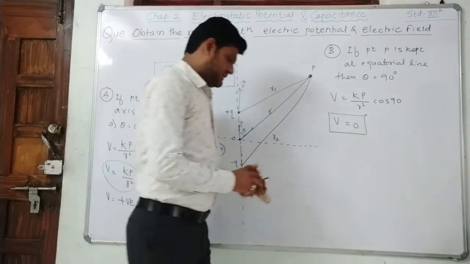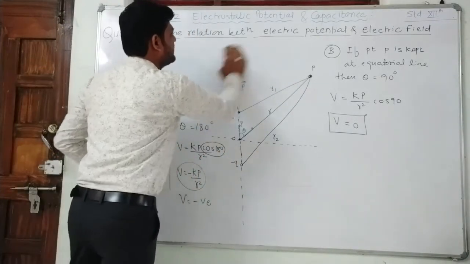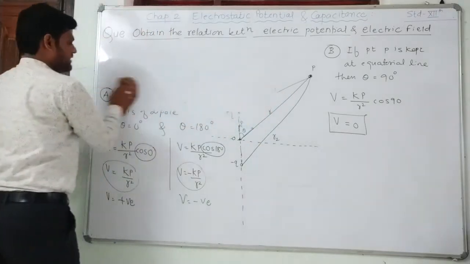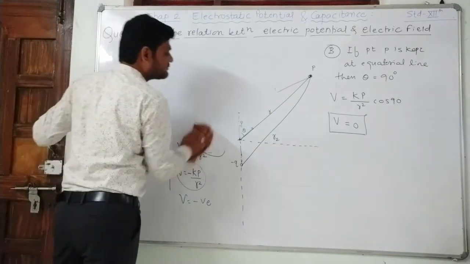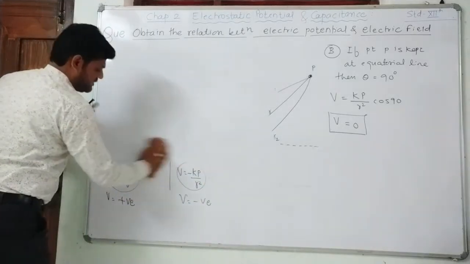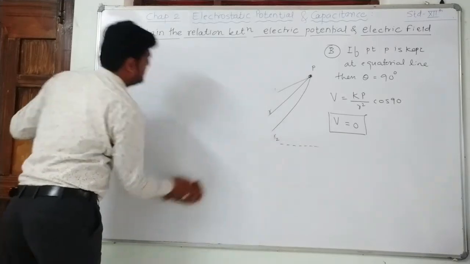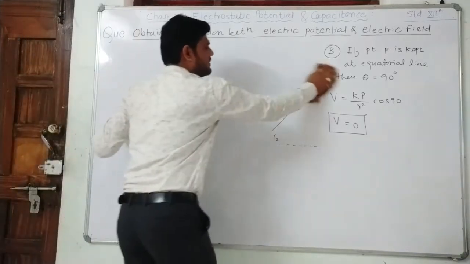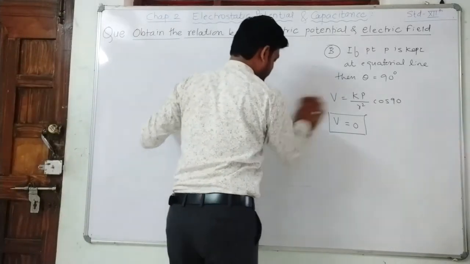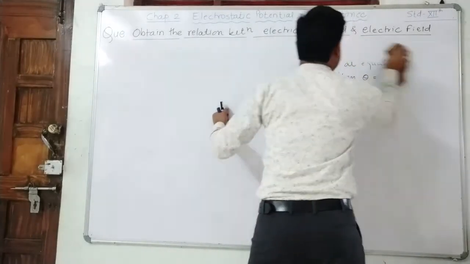Before finding the relation between electric potential and electric field, we must know the concept of equipotential surface. First of all, we will understand what an equipotential surface is.